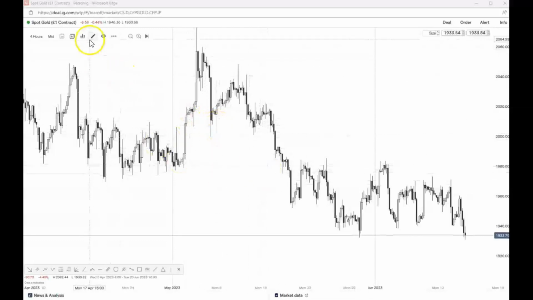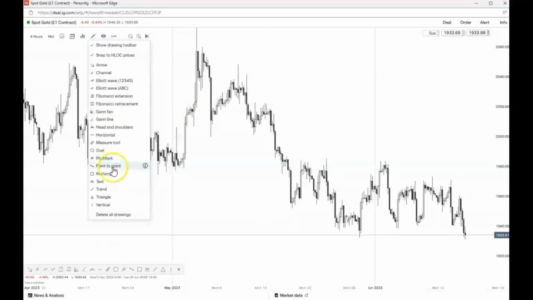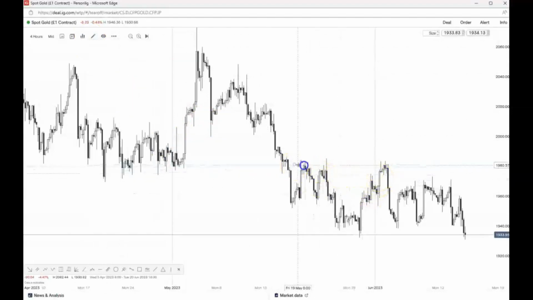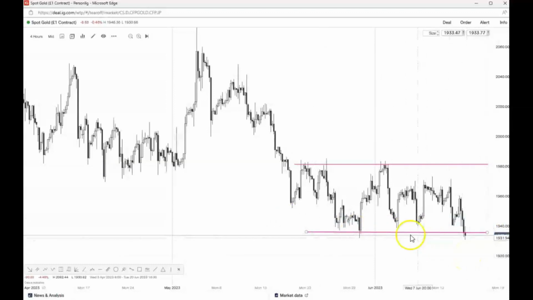First of all, we can see here that we have a line up here, and we have a line down here. This is a trading range. And when we have a trading range, we can see that when the market is going up in this area, the buyers are disappearing from the market. There are no more buyers because the market is not going higher.